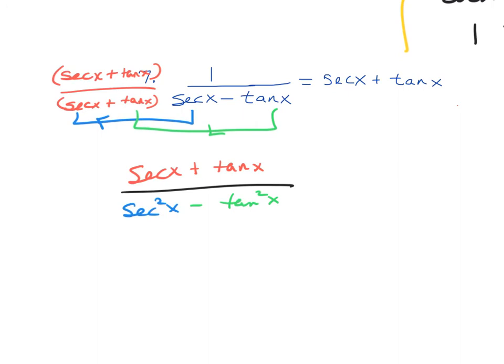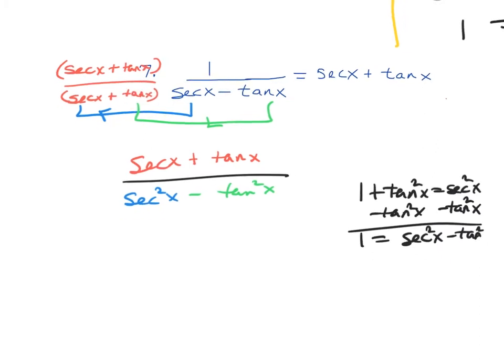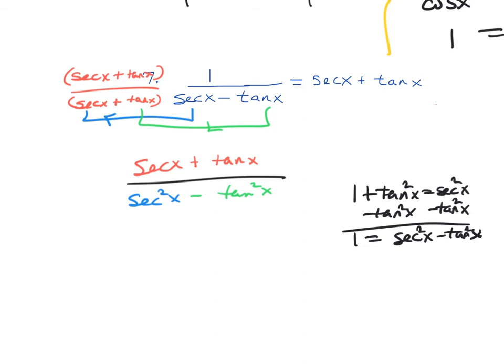If I take the Pythagorean identity of 1 plus tangent squared x equals secant squared x, and move the tangent to the other side, I now get 1 equals secant squared x minus tangent squared x, which is what I have in my denominator. So now I'm going to replace the denominator with a 1.